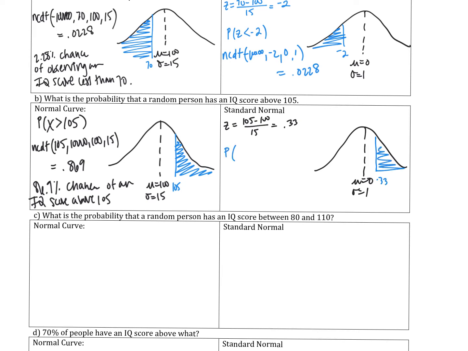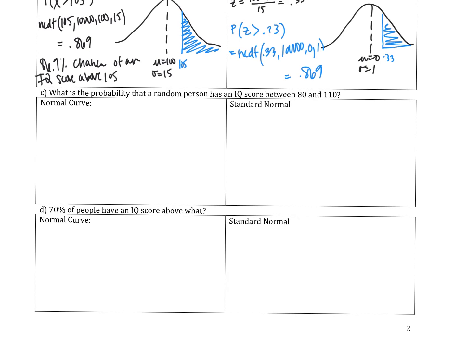So here I want to know the probability of a z-score larger than 0.33. Normal CDF, the lower bound is 0.33, the upper bound is something big, 10,000. Mean 0, standard deviation 1, and you'll notice I get out the same, 0.869. So two ways to express one problem, one normal, one standard normal. You need to know both.